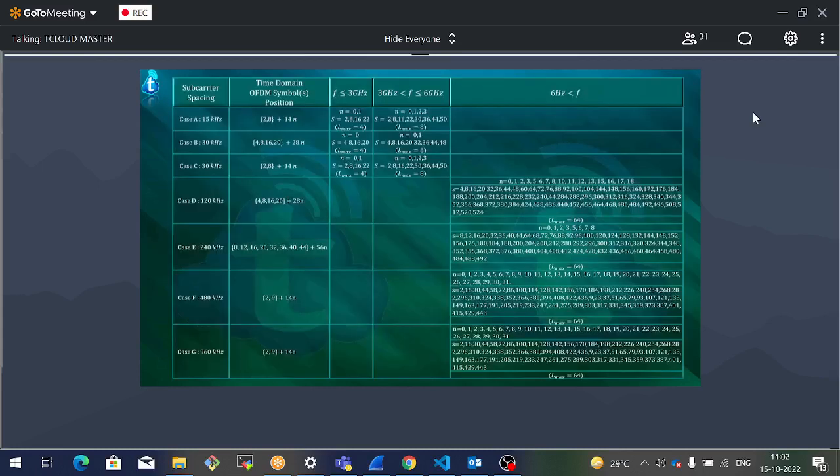For example, the block index can be 44. So in case the subcarrier spacing is 30 kilohertz, if we are transmitting the DMRS for this 44th block, we can say that for the 44th block we are transmitting the DMRS.